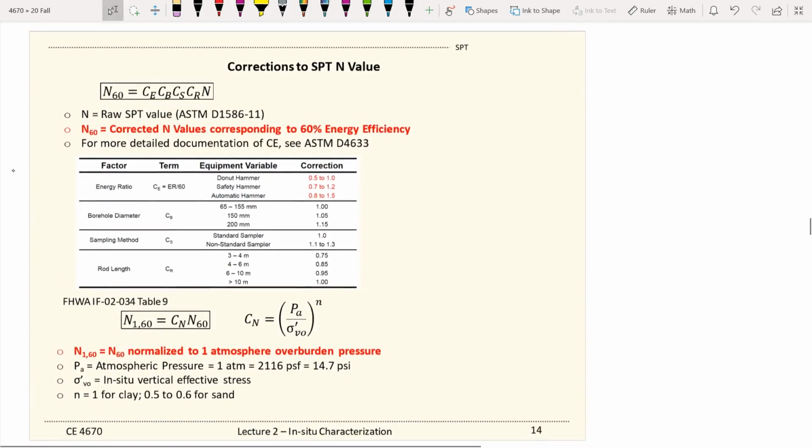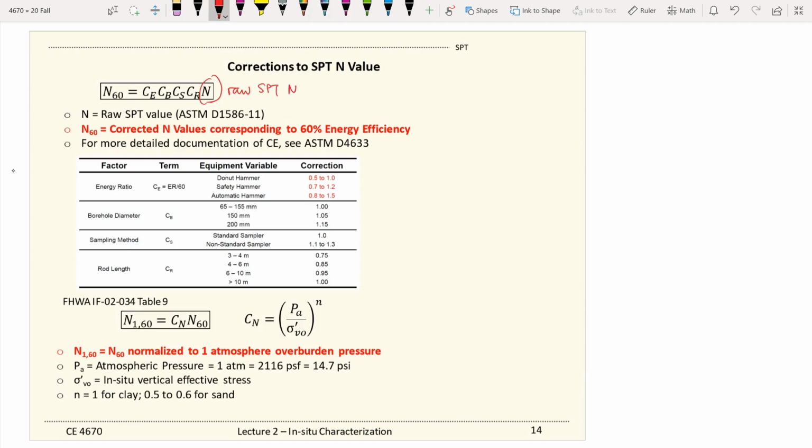So, corrections for SPT N values. Now, when we do our SPT blow counts, this is what we measure. This is the raw data, the raw SPT N that you collect from the field.